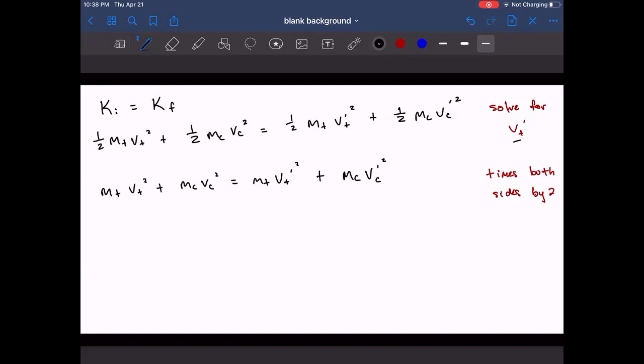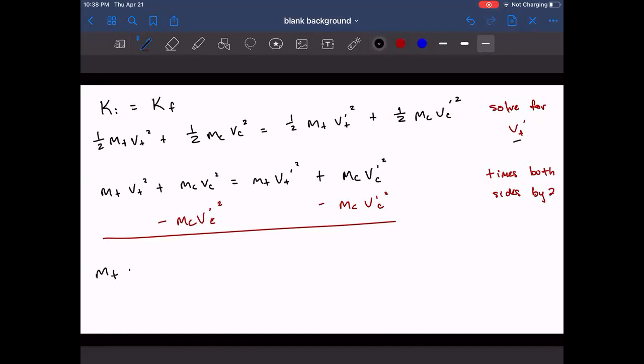Now, what are we doing? Solve for V prime T. We're getting V prime T by itself, so we're going to have to subtract this. And look, if we didn't put a prime here, we would get 0 there. We have to use different notation. We do get the 0 here, of course.